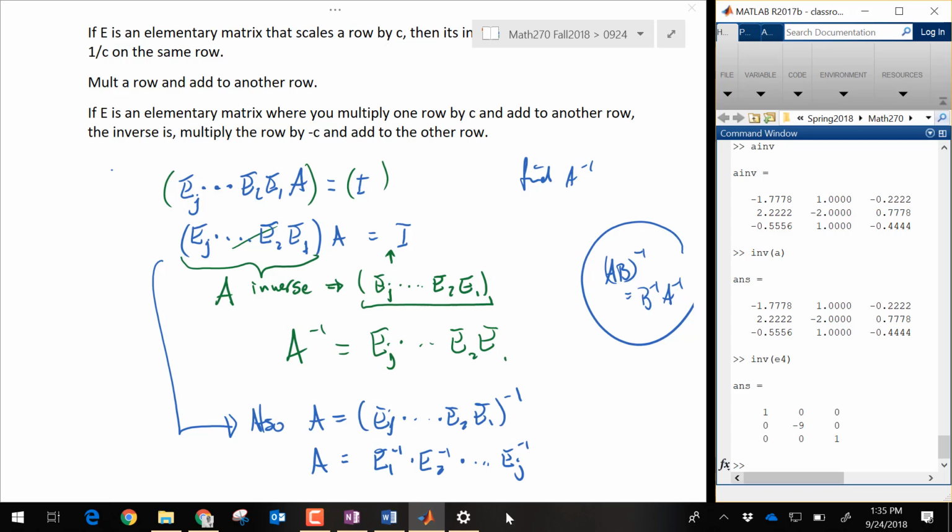So that means if I take the inverse of E1 times the inverse of E2 times the inverse of E3, and then keep going until how many? 8?